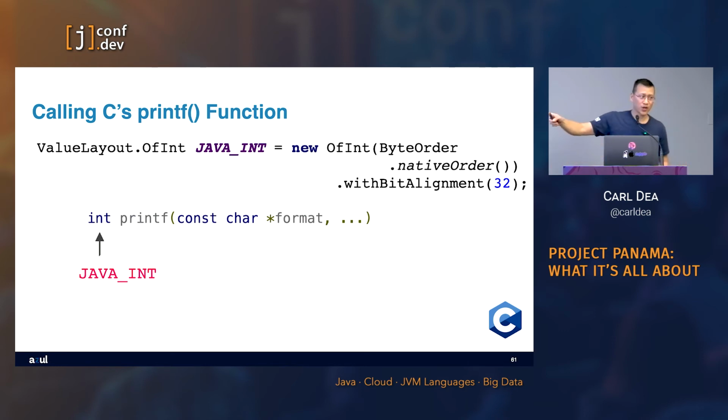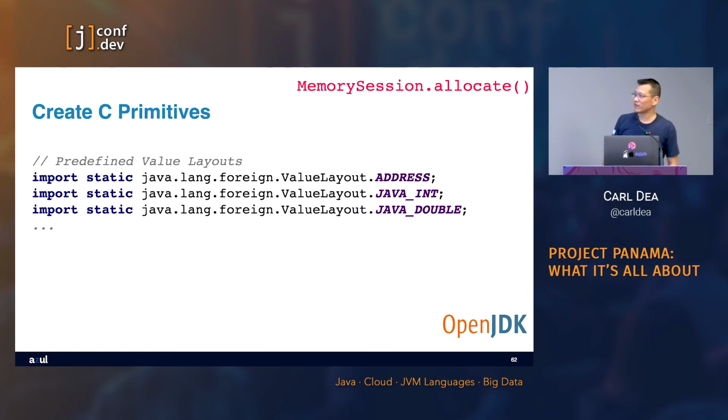So that's the return type that we want to represent, which is very similar. I know it says Java int, but when you use jextract, it will create one that's suitable. It'll say C int. It'll create a value layout that represents a thing that you're going to hold in the primitive part of the native world. So here are some other common ones.